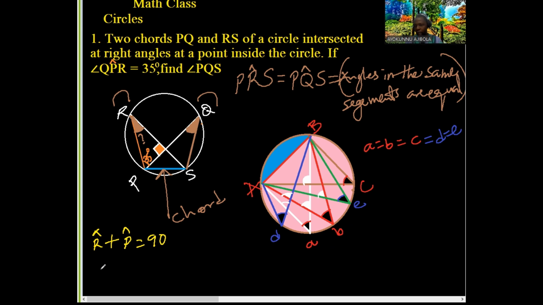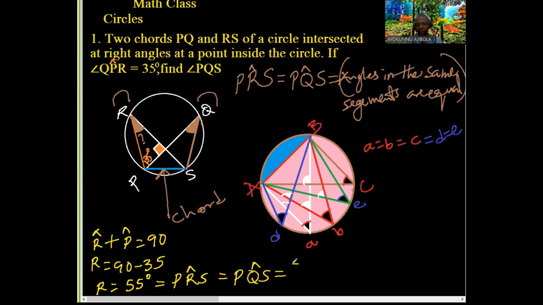So angle at R will be 90 minus 35, which is 55. And that angle at R is what we call PRS. Is that clear? Which is now equal to PQS that we're looking for. And that is where the 55 degrees came from. Is this clear to you?